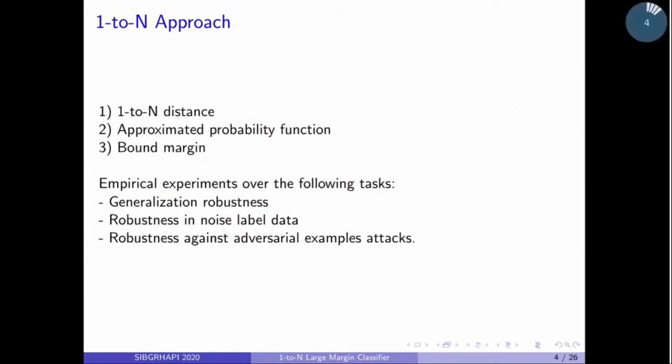We propose a novel formulation that imposes margin at the output of the neural network. However, unlike the previous methods from this category, we don't focus on providing margin to the traditional softmax function. Our approach has three components.